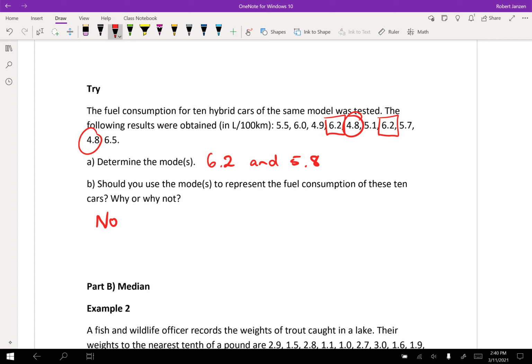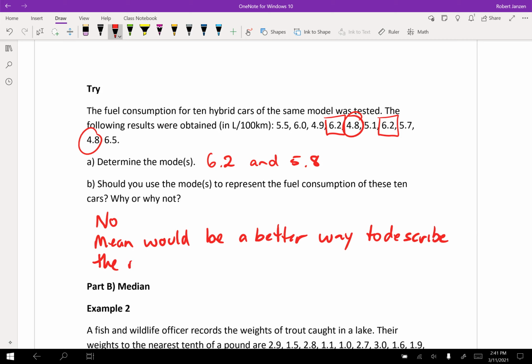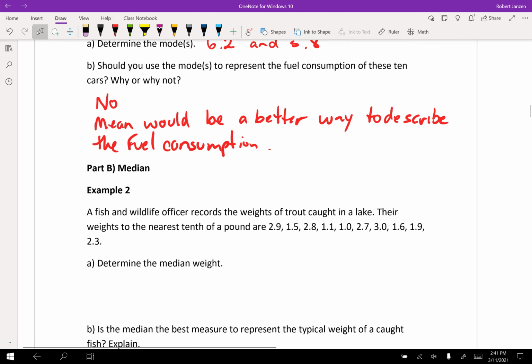So I think in this case, you're probably better off using mean. It would be a better way to describe the fuel consumption. So in mean, you would add them all up and you would find the average. What is the average fuel consumption for these cars? That would probably be a better way to do it.